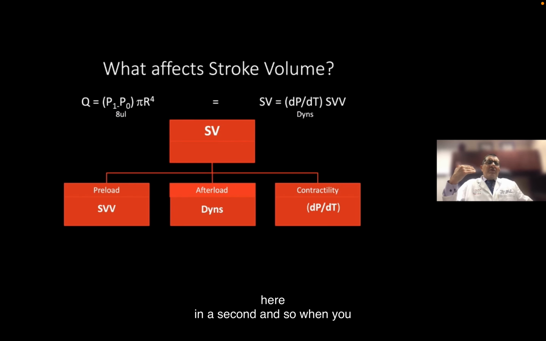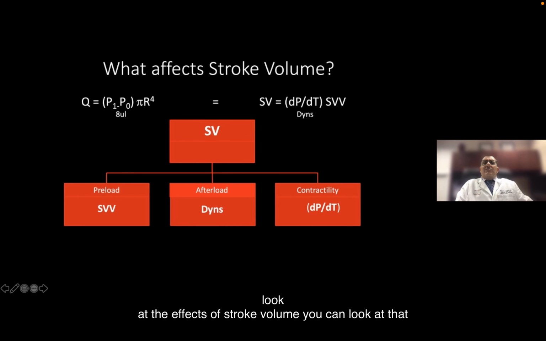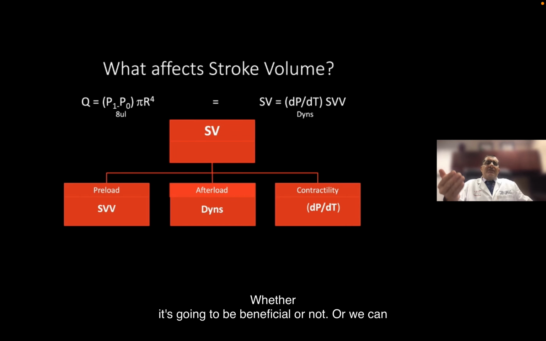And so when you look at the effects of stroke volume, you can look at, in an arterial waveform, the contractility, the SVV, and the dynamic elastance. That has actually changed greatly over the last few years, because now we're not only understanding the preload, the afterload, and the contractility component, but we're also able to predict changes as we do an intervention, whether it's going to be beneficial or not, or predict things such as hypotension, which we'll talk about a little bit.